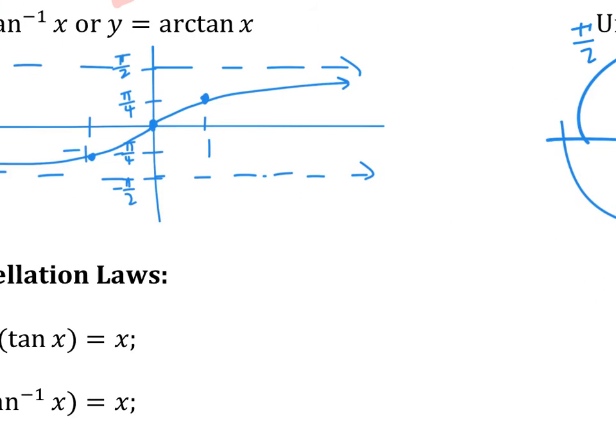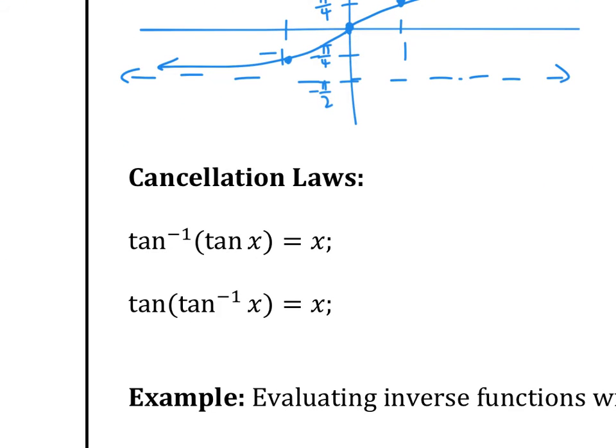Okay, so the cancellation law is the same thing from yesterday. We can cancel this only if x is what? Yeah, that is an angle, and the angle has to be between what? Negative pi over 2 and pi over 2, but we don't include either one because there are asymptotes on those 2 values.